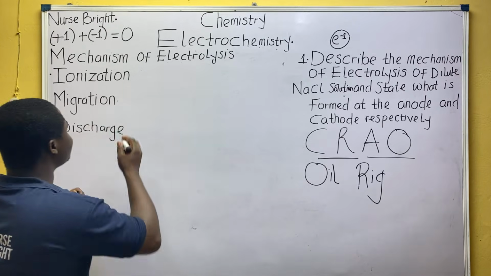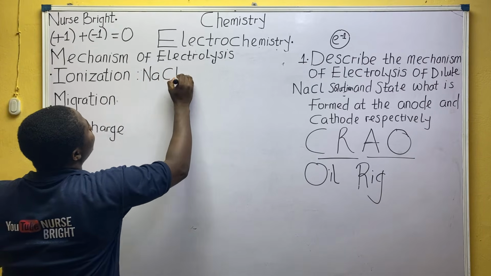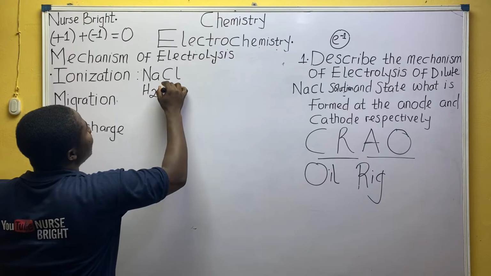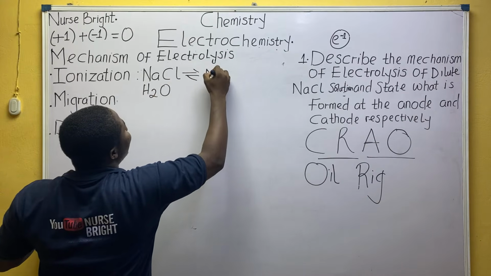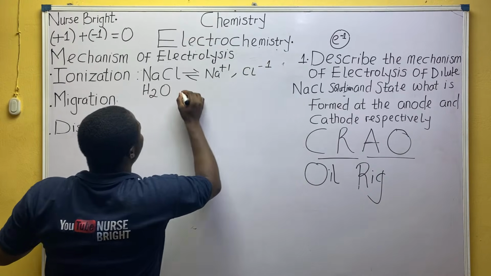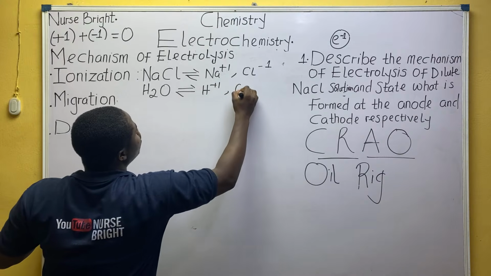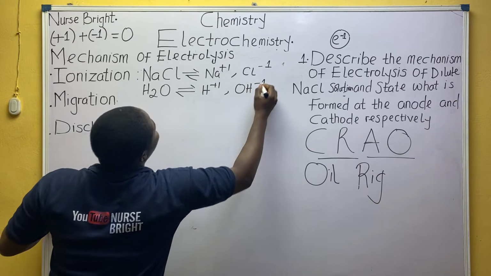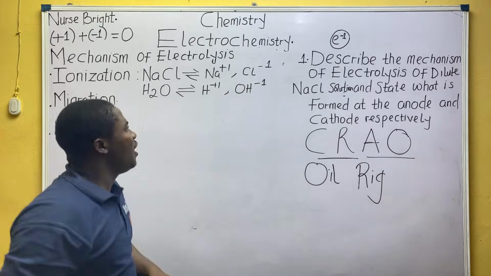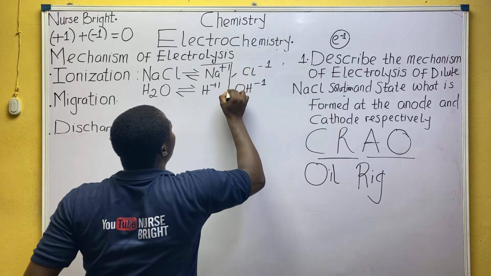Class, listen. First of all, we have sodium chloride in that compound, and also we have water in that compound, right? So when you break sodium chloride, you're going to get Na+ and what? Cl-. And when you break water, what are you going to get? H+ and also OH-. Class, pay attention. You have formed different ions.